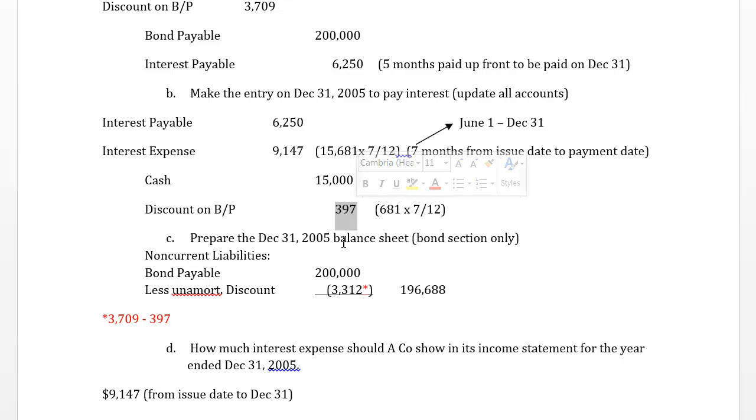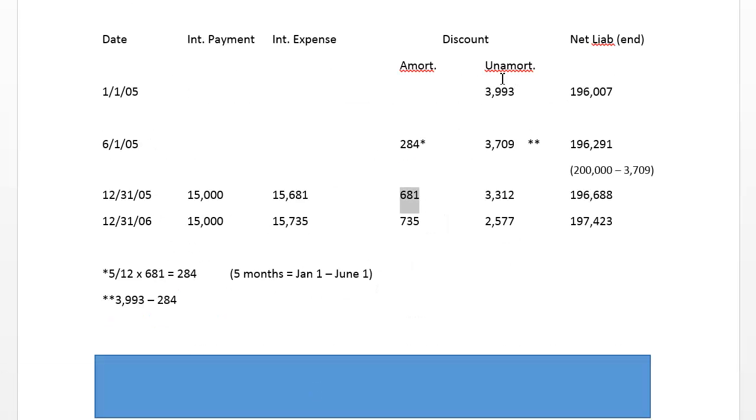So now if I asked you to prepare the statement on the balance sheet, just the bond section, in the non-current liability section, you would still have a bond payable of $200,000, but your unamortized discount would be the original unamortized discount that you booked up here. Notice it's different than in the first video when it was the full amount of 39.93.